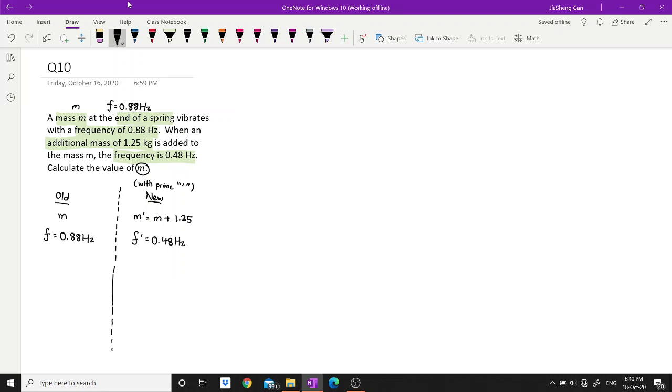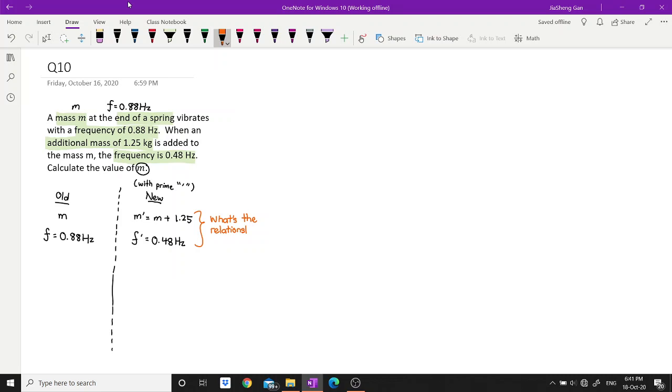Wow, this seems like it will be a long question. So they are asking for M. You are given the value of F. So you might be thinking, what's the relationship between F and M actually?